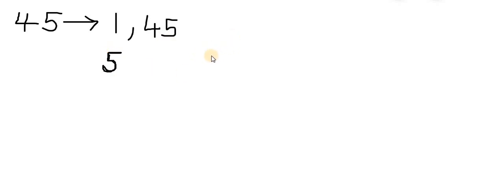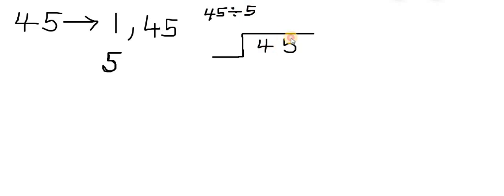Now to check if there's another factor, I say 45 divided by 5 to find the factor that goes with 5. Okay, so 45 in here, 5 out here, so we start with 4. 4 divided by 5, because 5 is bigger than 4, that's not going to happen.